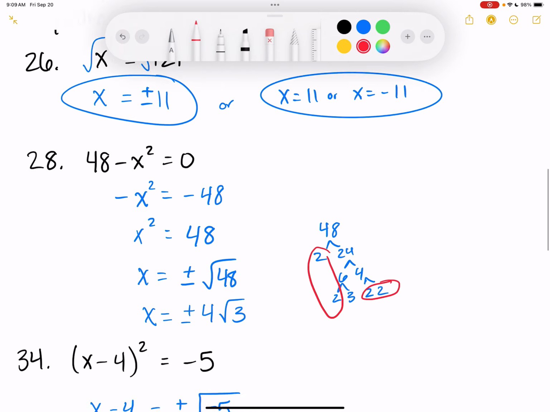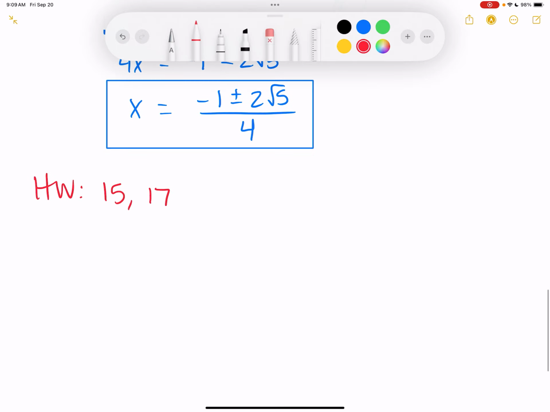So we didn't have one like that. 21, and then square root property, 27, 31, and 35.